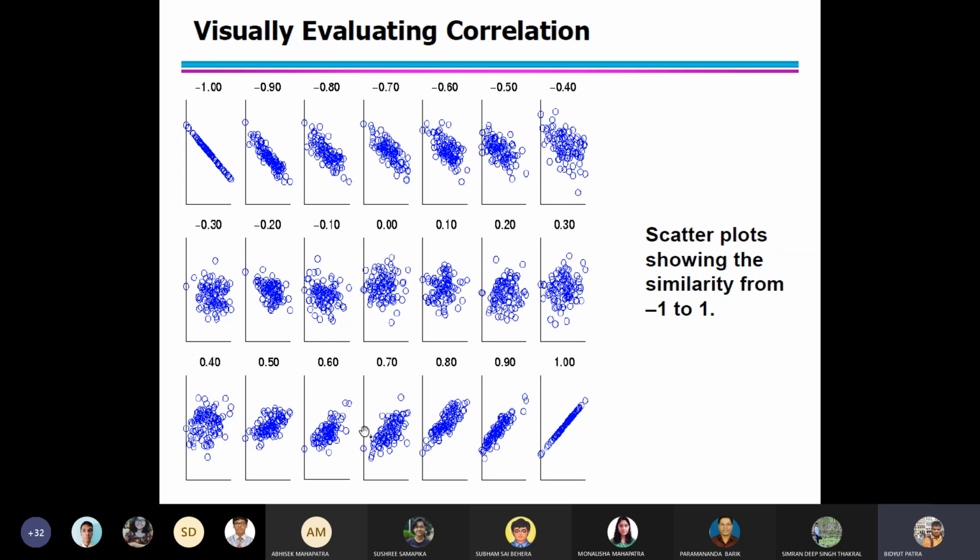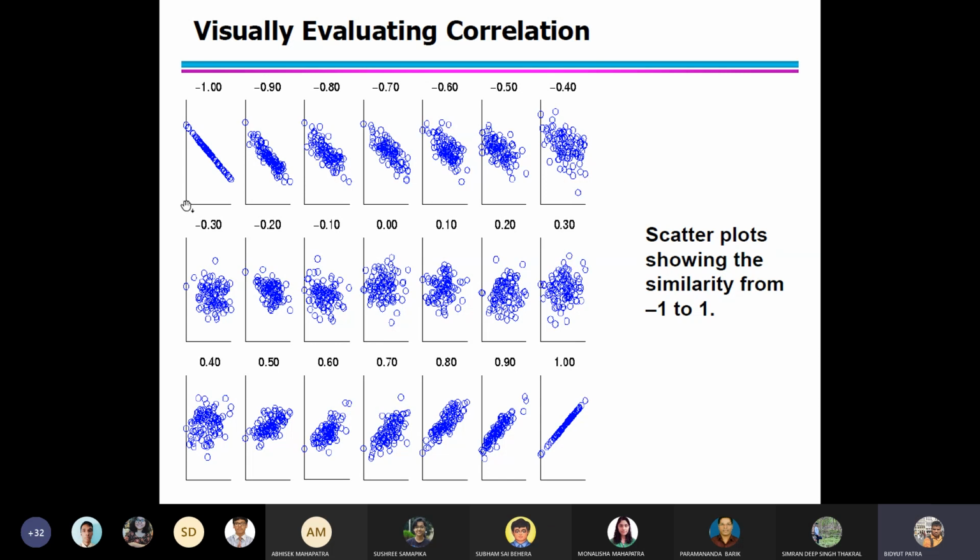Whenever the value of x increases, the value of y also increases. These data are positively correlated. But on this other part, the data is negatively correlated. That means if the value of x increases, the value of y decreases, or vice versa.